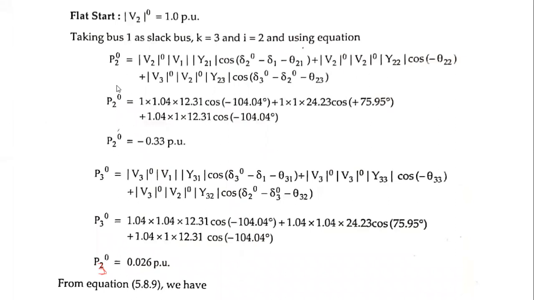Next step, we determine the delta P2 power 0, equal to P2 specified minus P2 power 0. After that we determine the delta P3 value, the delta Q2 value and the delta Q3 value. Okay, that is the step 3.